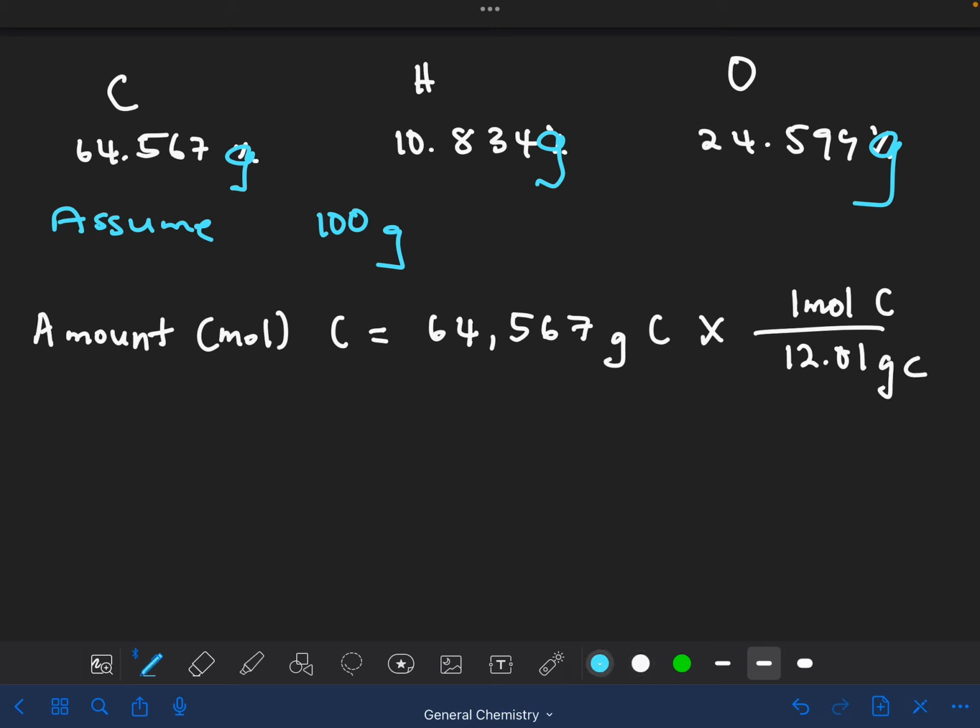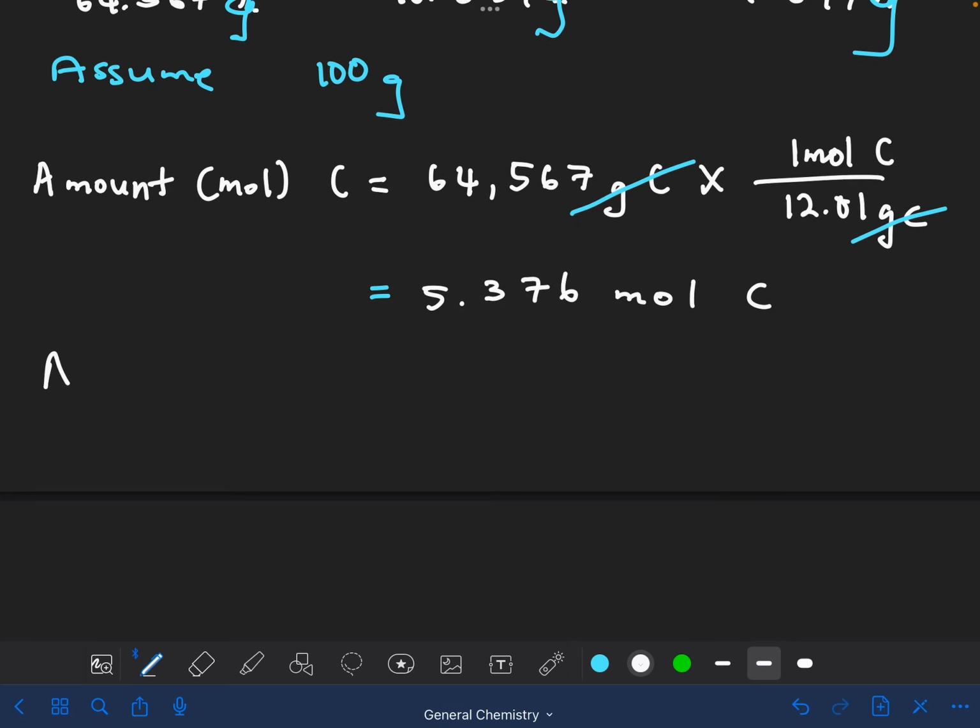So you see, guys, this is still dimensional analysis. Then from this, what do we get? We get 5.376 moles of carbon.